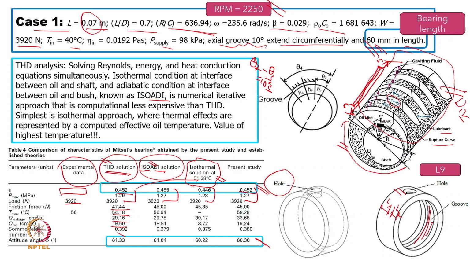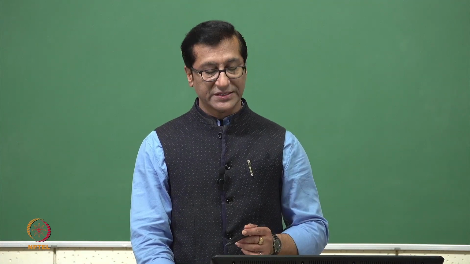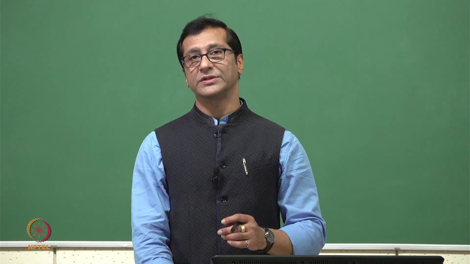So this is what we really require, and the main thing comes if I can really reduce the clearance. If you reduce the clearance, naturally there will be some impact. But we know very well from the previous lecture that if I reduce the clearance, my load carrying capacity will increase. That means whatever eccentricity ratio we are getting, 0.452, it may turn out to be 0.4, a further reduction.